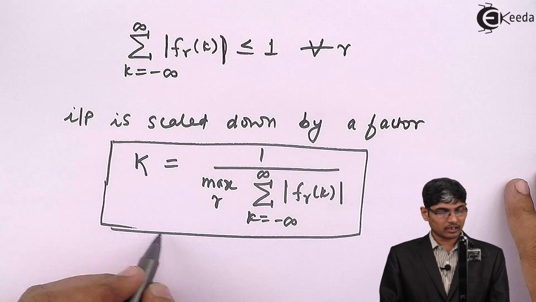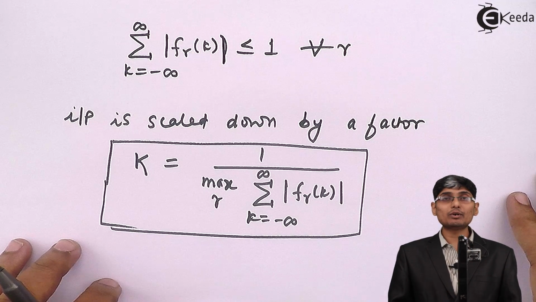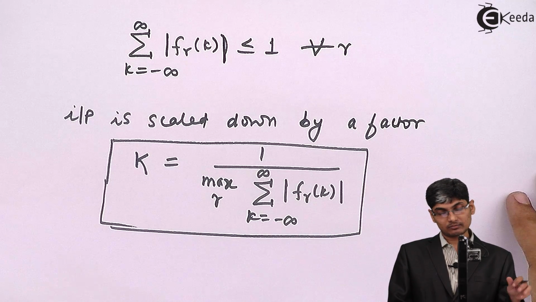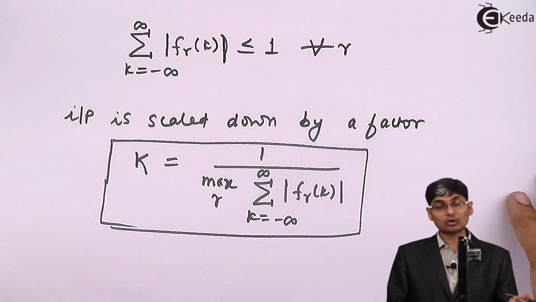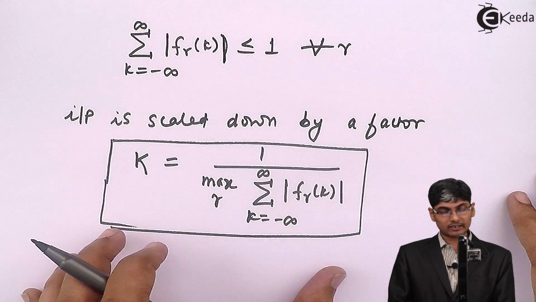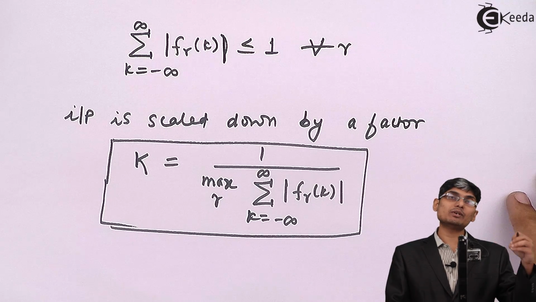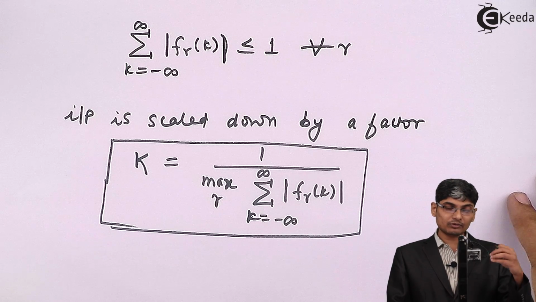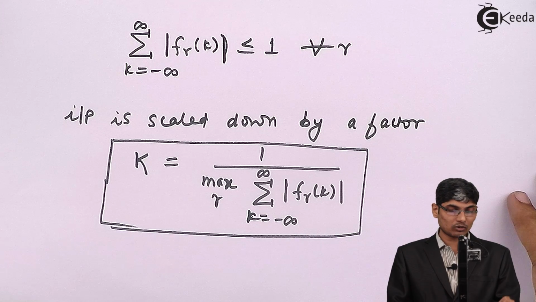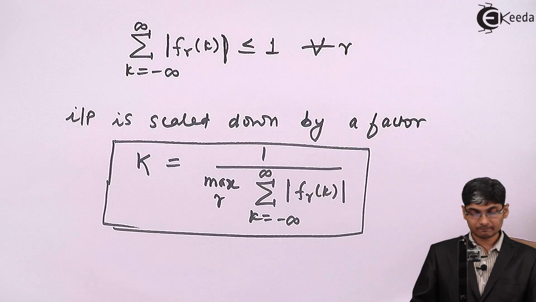This is the factor K which we need to use to reduce overload at the internal nodes. So if any node is producing an overflow, the input must be scaled down by a factor K, and the value of K is given by this bound.